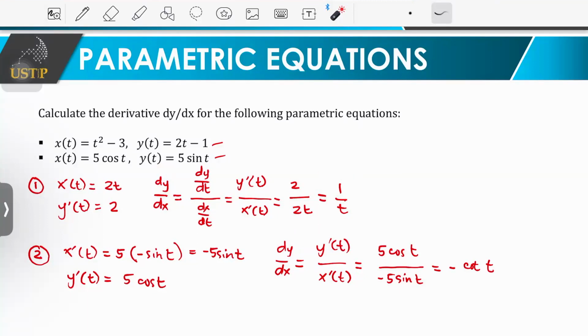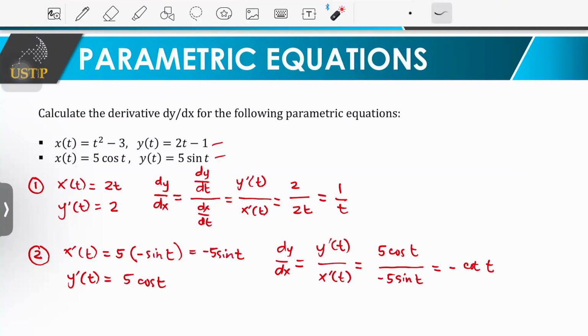So ang atong dy over dx is in terms of t, because of course t man ang y prime or x prime. So ang atong final derivative is in terms of t. Pwede man gyapon nato kuhaon ang value sa t, pero acceptable ang answer.